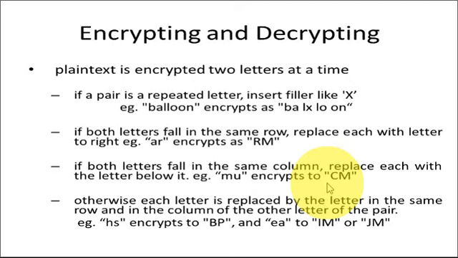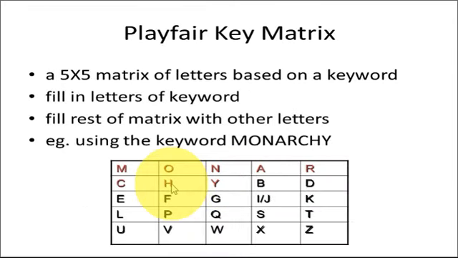Otherwise, if a pair of letters is not in the same row or the same column, they are in different places. Each letter is replaced by the letter in its own row and in the column of the other letter of the pair. For example, HS is encrypted to BP. H and S are in different rows and different columns. For H, the intersecting value is B, and for S, it is P, reading row-wise.